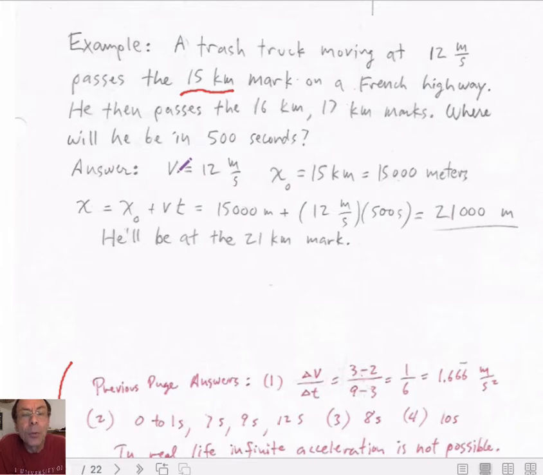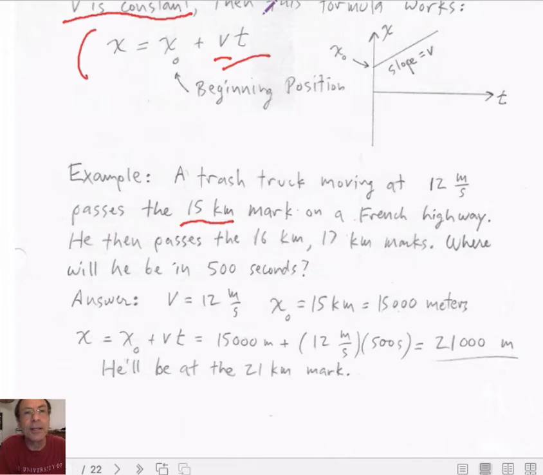This piece of information is important because that's our x0. Now I'm going to be giving you all of these formulas, and in order to be able to use them, you have to match the information that you're given with the various variables and constants in the formulas. So this is the formula we're using.